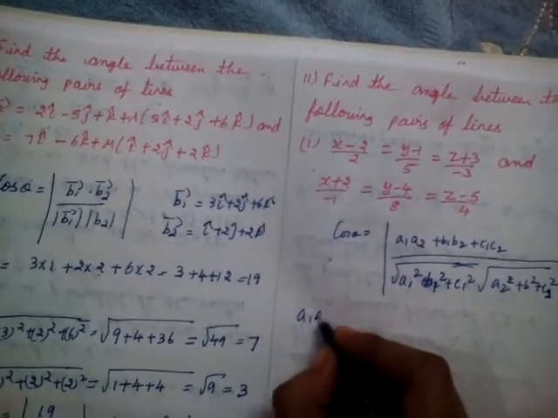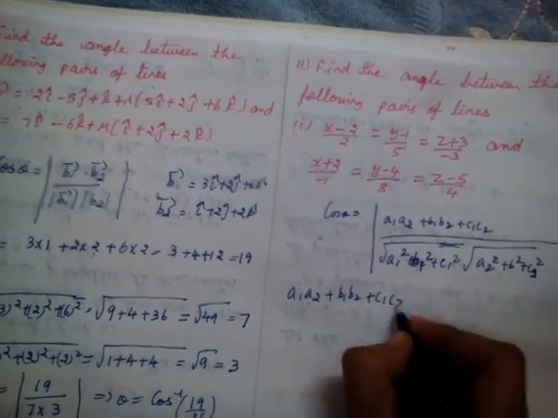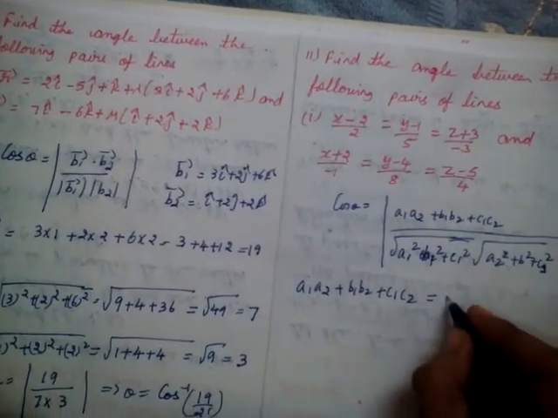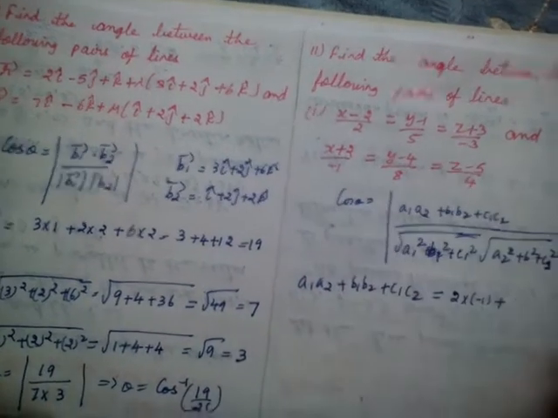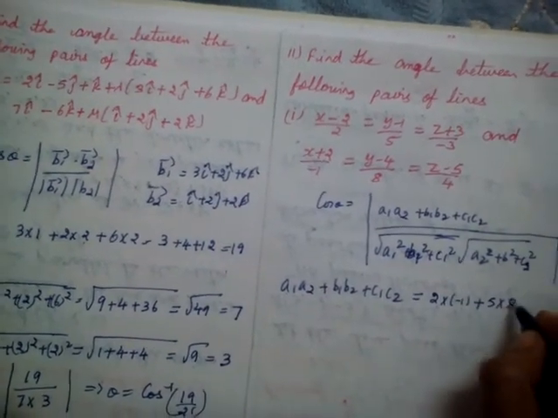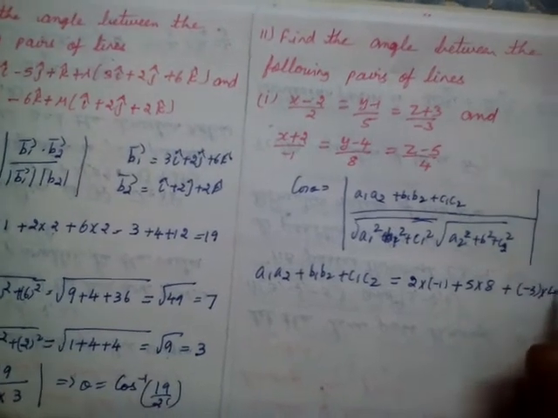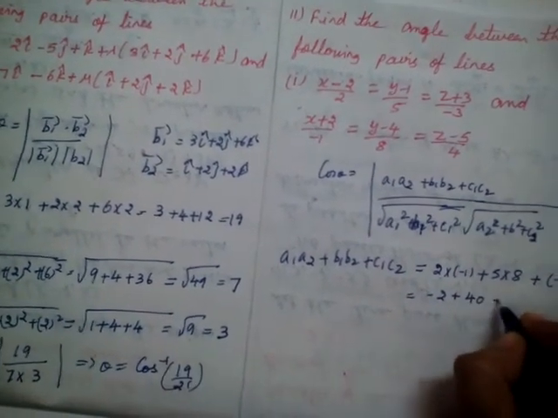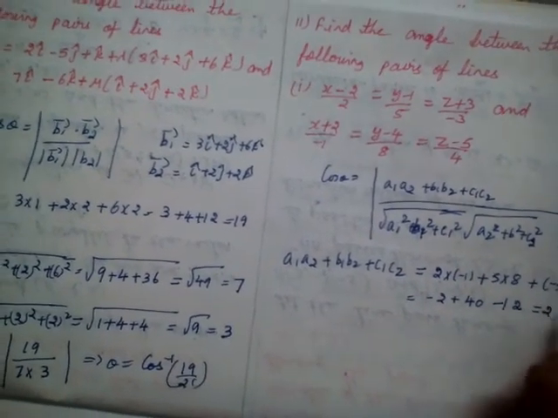So first let us find a1 a2 plus b1 b2 plus c1 c2. What is a1 a2? 2 into minus 1, plus b1 b2, 5 into 8, plus here it is minus 3 into 4. So when you multiply, minus 2 plus 40 minus 12, which is equal to 26.